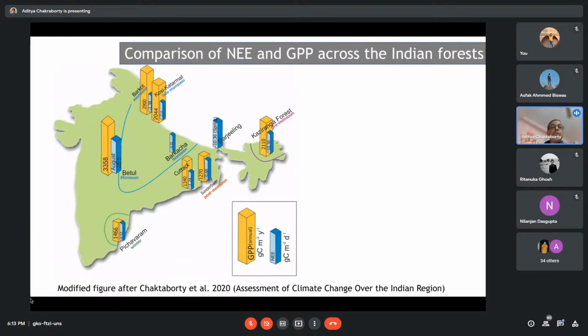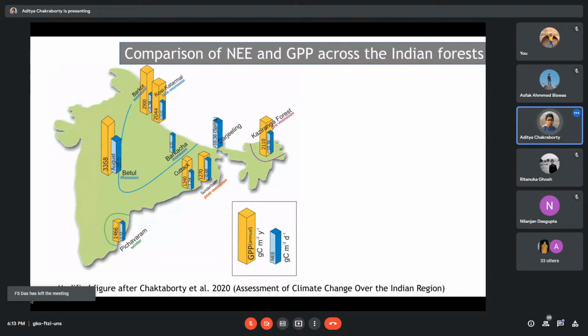What I explained is what is shown diagrammatically here. And this figure shows the different amounts of NE and GPP for different ecosystems. For example, Kaziranga shows a GPP value of about 2,100. But Betul in central India is about 1,300.